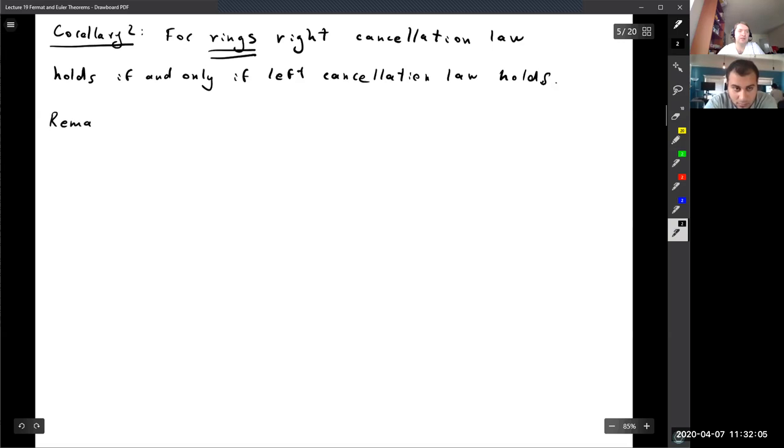You can note that the binary operation plus doesn't enter the statement of corollary 2.